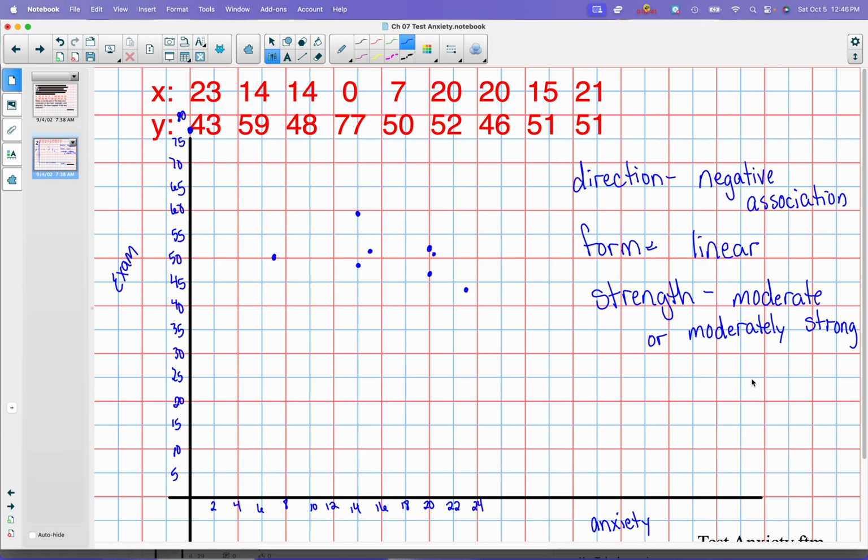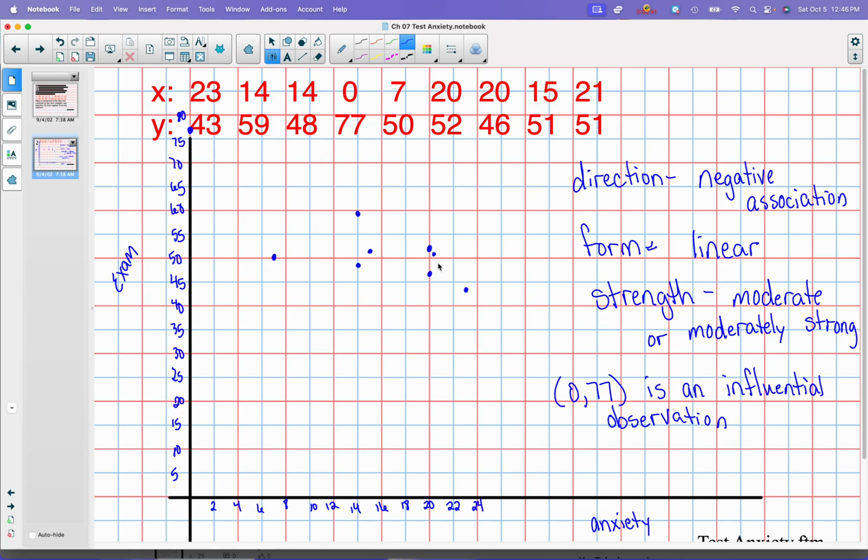And any unusual points. Now, you might look at this 0.77 and think, well, it's not really unusual because it lines up with everything else. However, this point, 0.77, is actually an influential observation. Notice that it is kind of an outlier, especially in the x direction, and it acts like a lever.